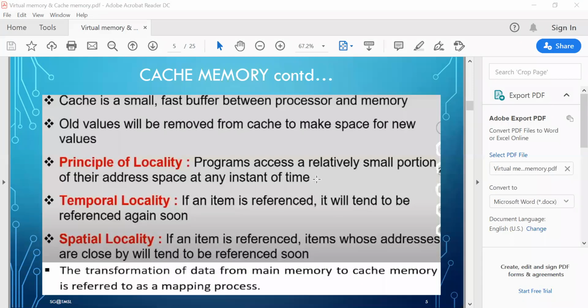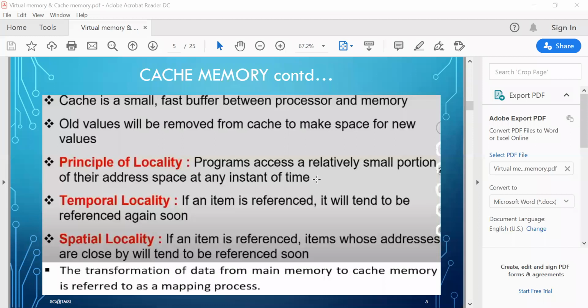And the next is spatial locality. What is it? If an item or any instruction is referenced, then items whose addresses are close by will tend to be referenced soon. In other words, this refers to the tendency for a program to access instructions whose addresses are near one another.